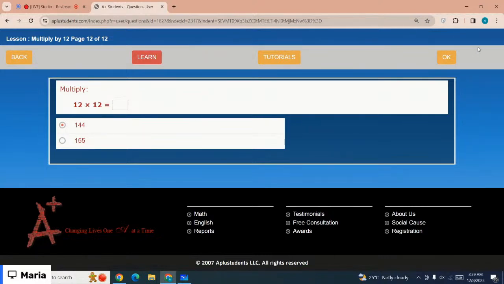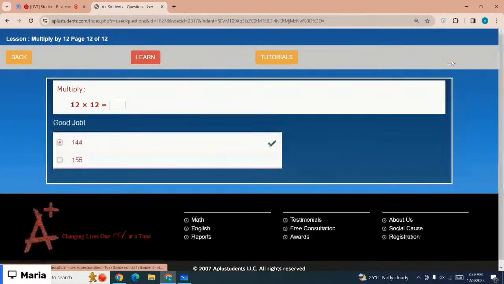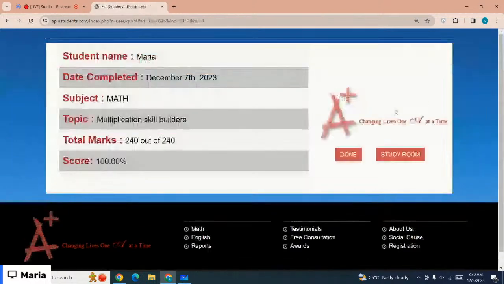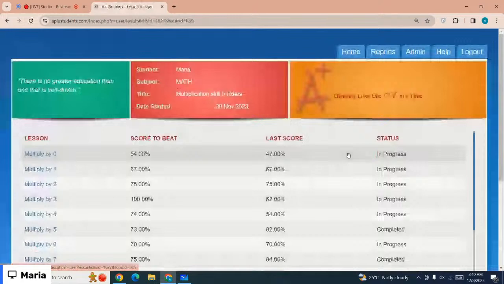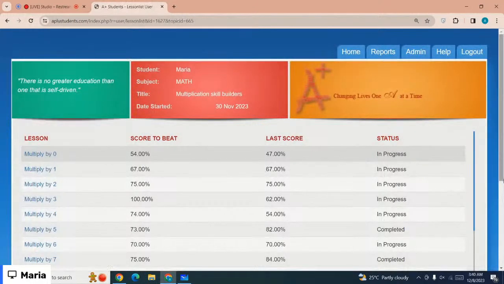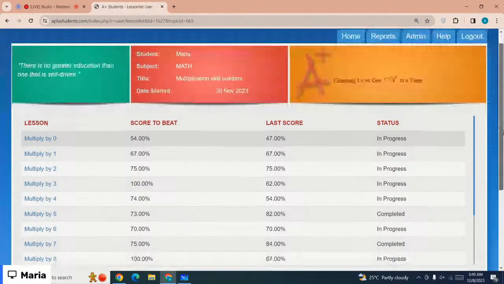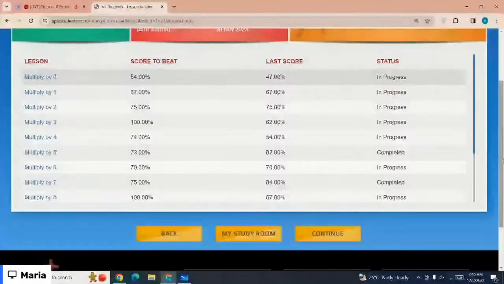Okay, we are done with the lesson. Also, we are done with the chapter, multiplication skill builders. So we were working on grade 3 math.